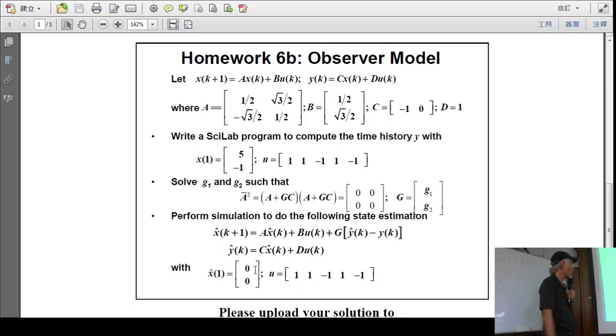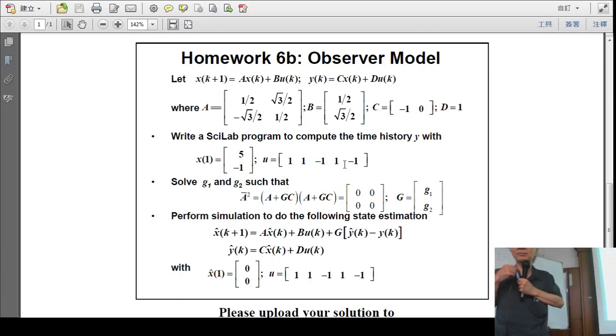So this observer model will allow you to do the state estimations. Now, remember this. I already gave you this discrete time model, A, B, C, D. That's a discrete model. Now, I want you to write a SciLab program to compute the time history. Just only 1, 2, 3, 4, 5 inputs.